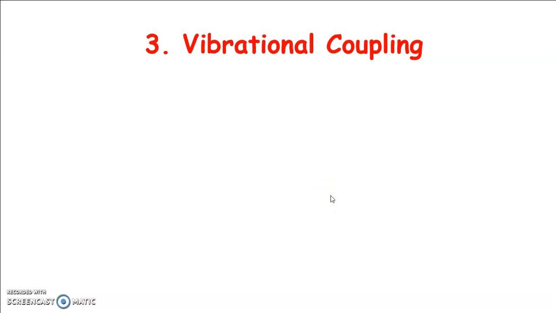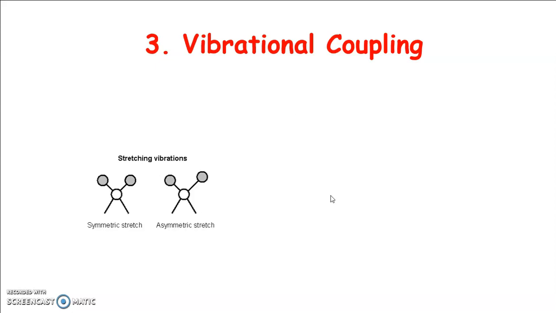The frequency of a vibration may be influenced by other vibrators in the molecule. An isolated CH bond has only one stretching frequency, whereas a methylene group, CH2 group, containing two CH bonds shows two stretching vibrations, symmetric stretching and asymmetric stretching.